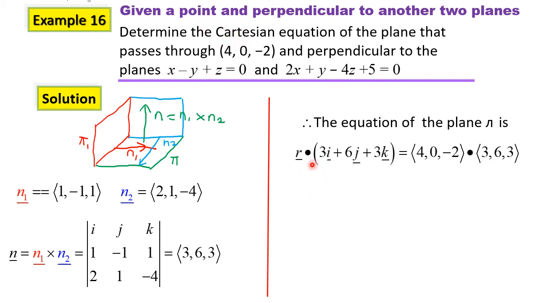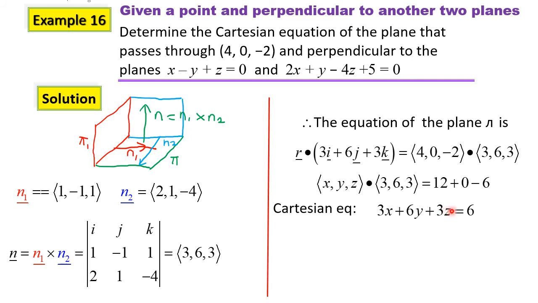So later on the left hand side we also need to change into the bracket here, 3, 6 and 3, and then r we replace with xyz. Okay, so on the right hand side we already simplify, do the process of the dot product. So the result from the dot product would be 6 on the right hand side, and on the left hand side we already do the dot product, so it will be the coefficients and the xyz, so 3x, 6y and 3z equals 6. So that will be our answer for example 16.